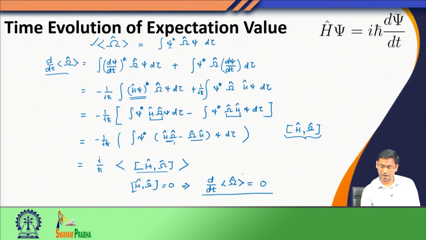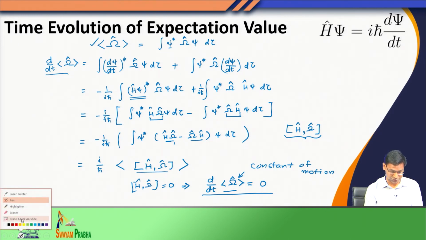That means the expectation value of this operator does not have a time dependence, and therefore this is called a constant of motion. That is true when the operator I am interested in commutes with the Hamiltonian: then I know its expectation value will not change with time. This is an important result that we would use in the next discussion.